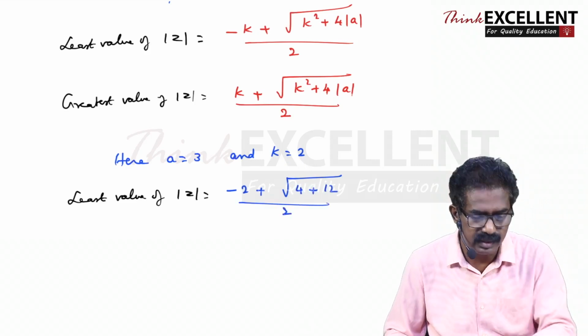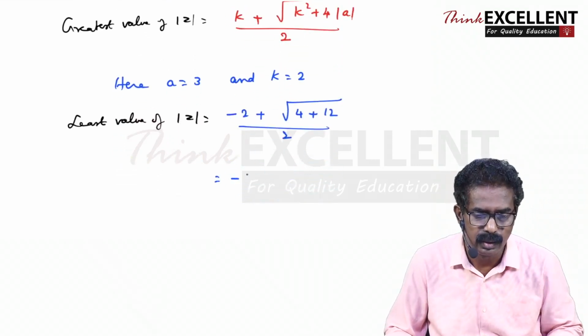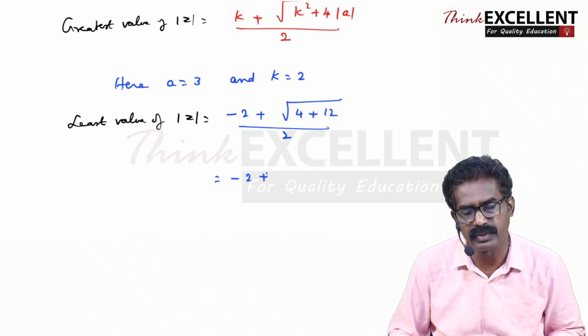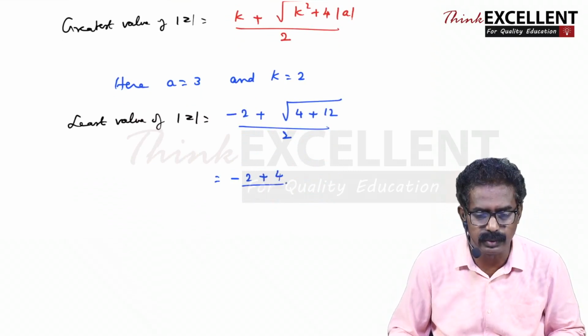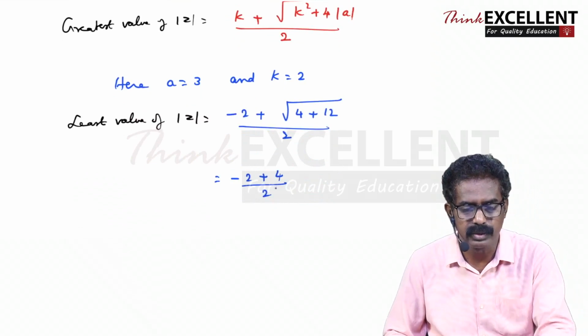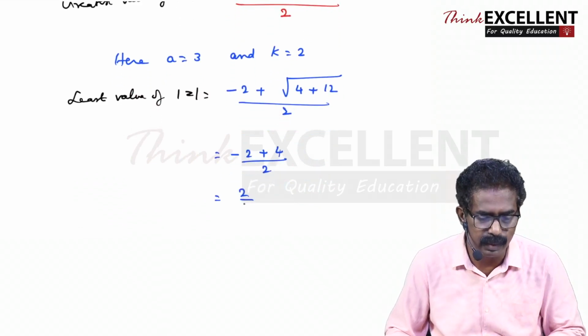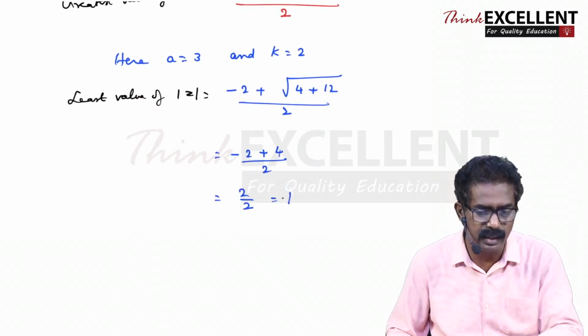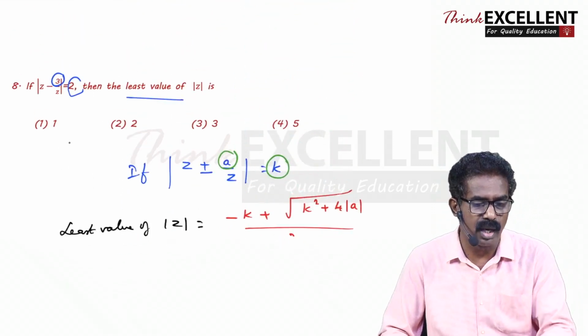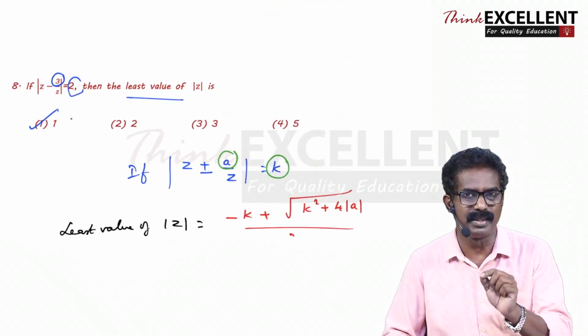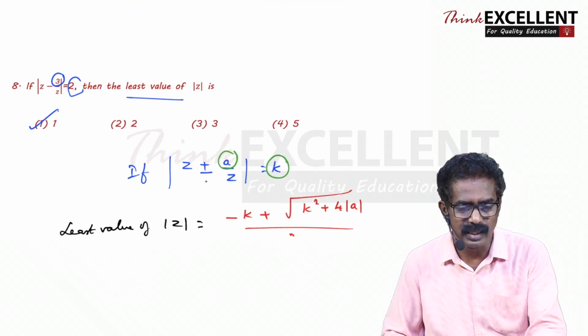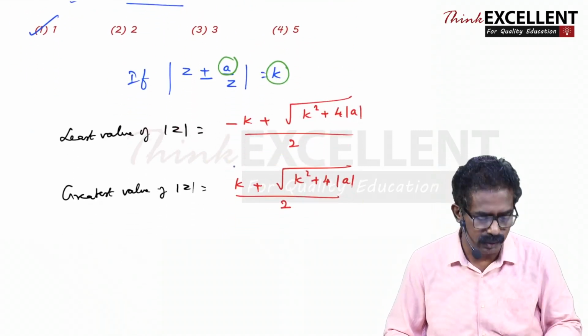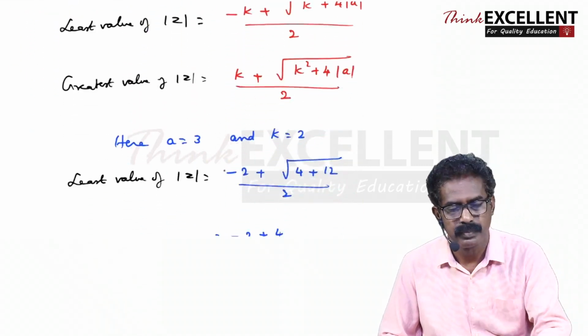Now just simplify this. So minus 2 plus root of 16, right? It is 4, by 2. So minus 2 plus 4 is 2. So 2 by 2, your answer is 1, and that is option number 1. I'm sure you find this method very easy, right? So only thing, you learn this formula, you can do the sum very easily, okay?